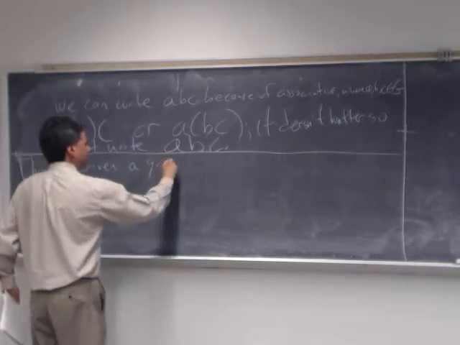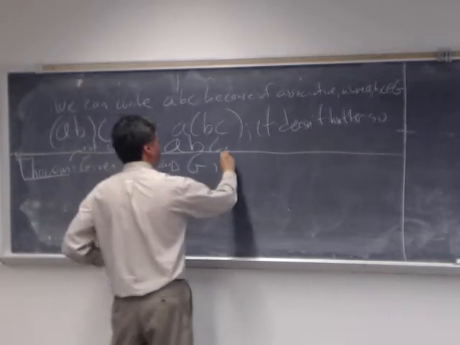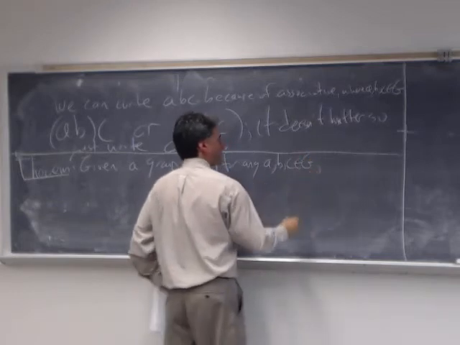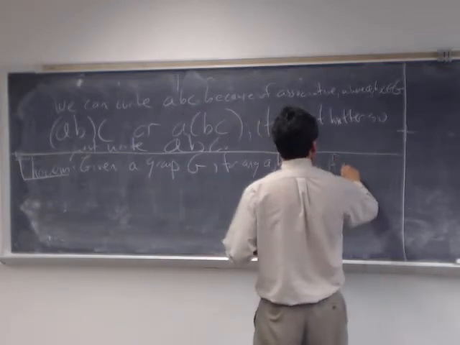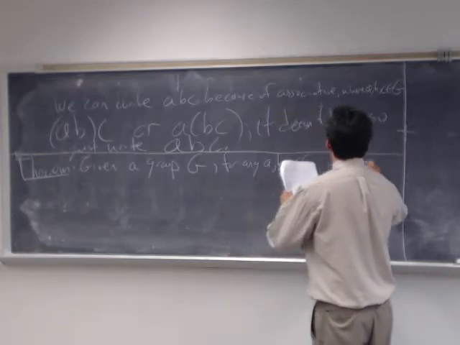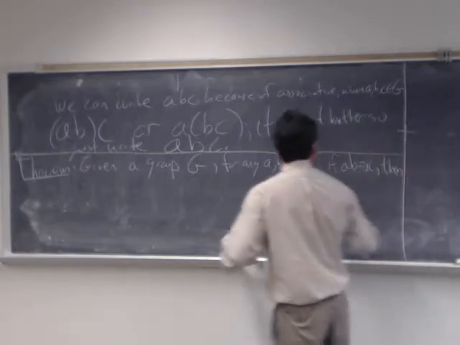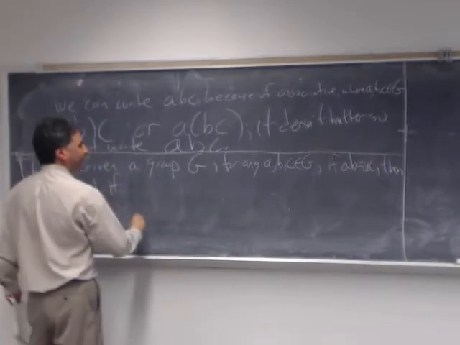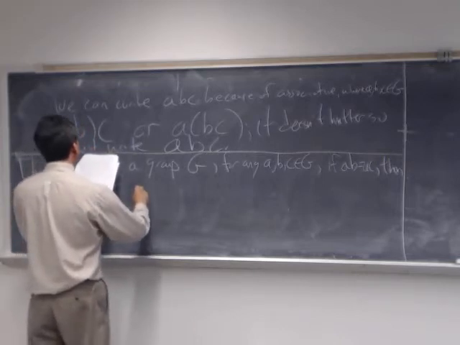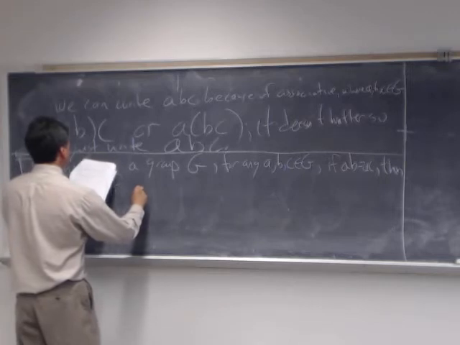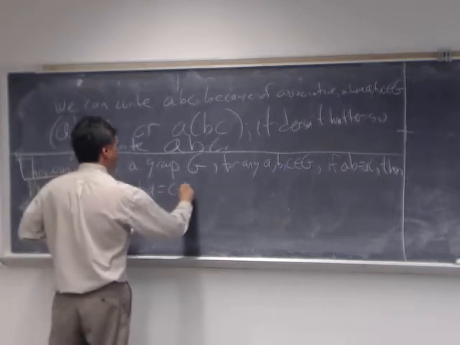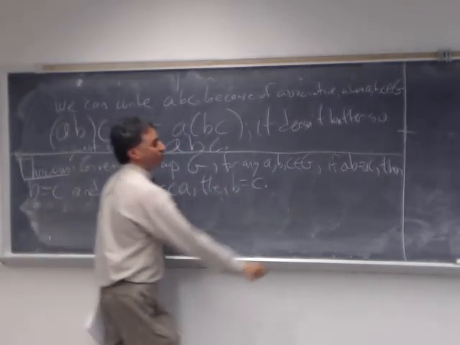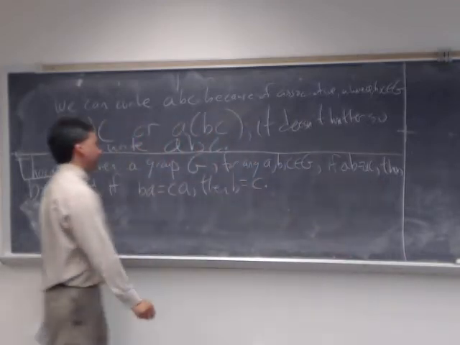Given a group G, for any A, B, C in G, if AB equals AC, then B equals C, and if BA equals CA, then B equals C. So you can see why this is called cancellation. You can just cancel the A on either side.